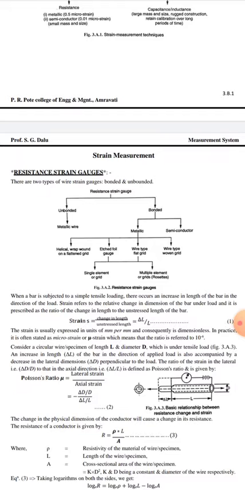The density of the material of the cylindrical rod, multiplied by the length of that cylindrical rod, upon the cross sectional area of the cylindrical rod, that is A, gives the resistance of the conductor. The conductor is nothing but the cylindrical rod or specimen that we have considered, and the density of that material is considered as rho, multiplied by L, the length of the cylindrical rod, and A is the cross sectional area of the cylindrical rod.